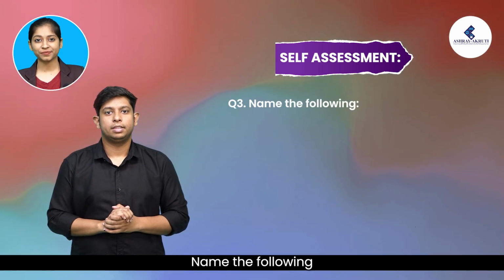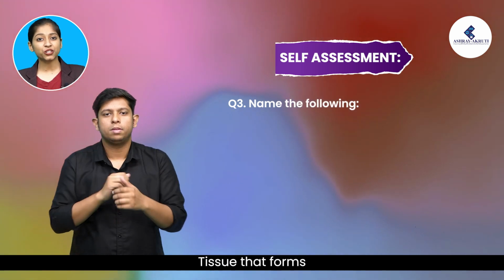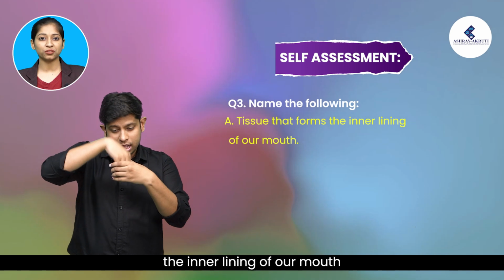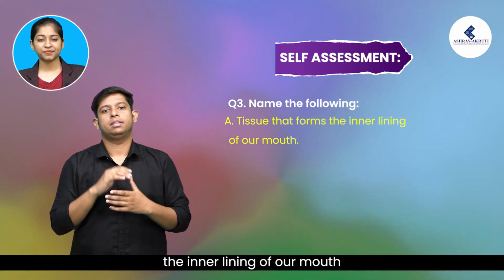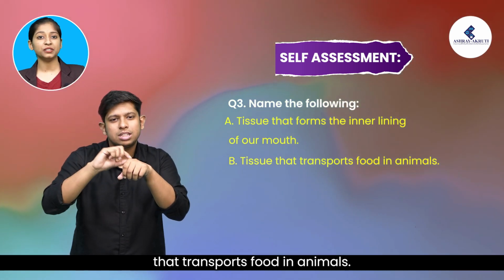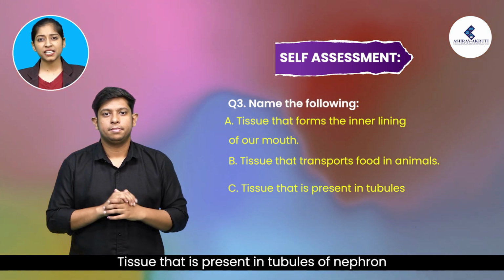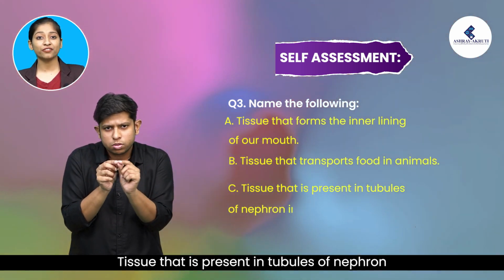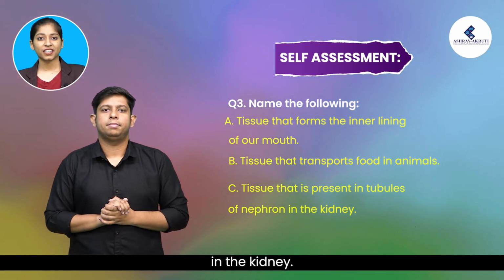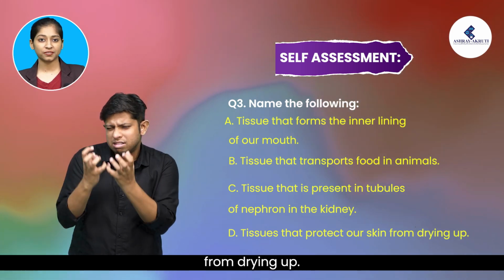Name the following. Tissue that forms the inner lining of our mouth. Tissue that transports food in animals. Tissue that is present in tubules of nephron in kidney. Tissue that protects our skin from drying up.